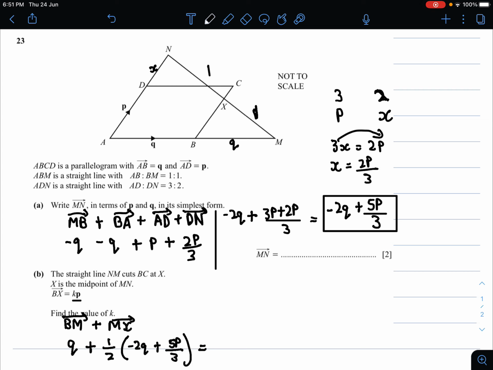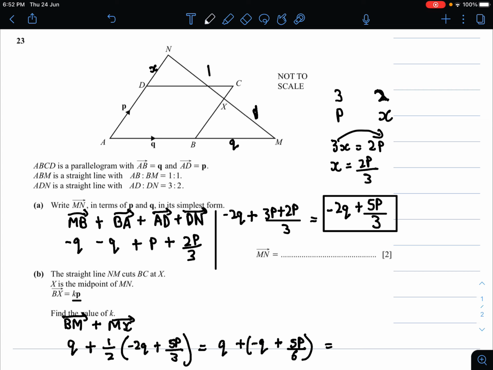Now if we simplify this, we will get q plus half into minus 2q would give us minus q, and half into 5p by 3 would give us 5p by 6. Now if we have to simplify further, the minus and plus will get cancelled, because minus into plus is equal to minus.